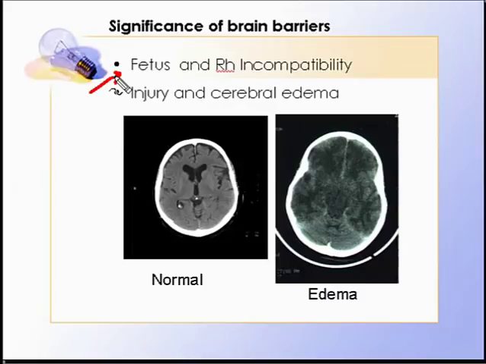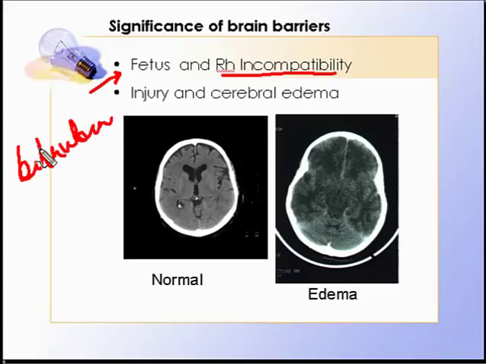Now because it is not well formed in the fetus, what happens is, especially in RH incompatibility, you have an RH negative mother who has an RH positive fetus. The first pregnancy is fine, but in the second pregnancy, if she has formed antibodies and she has not been treated, these antibodies will pass through the placental membrane and they go into the fetus. Now in the fetus, the blood-brain barrier is not well developed, so the blood cells are hemolyzed, and when hemolysis occurs, a substance known as bilirubin is liberated.